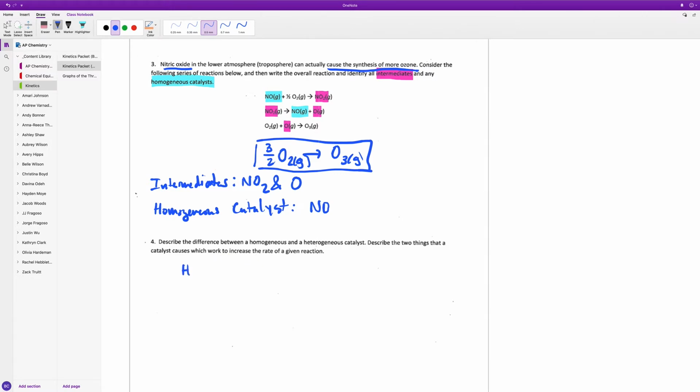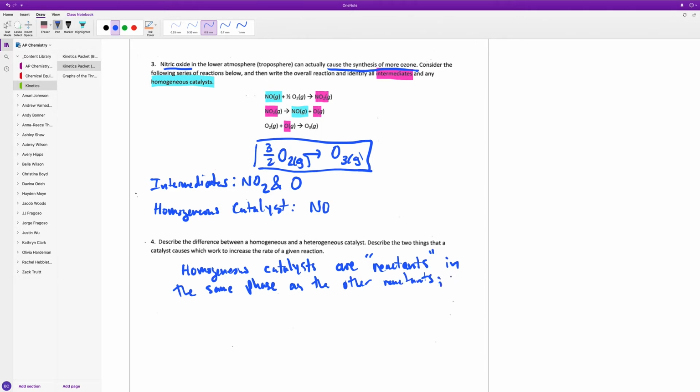Okay, so homogeneous catalysts are "reactants," and I'll put that in quotes, in the same phase as the other reactants, but they get regenerated later in the mechanism.